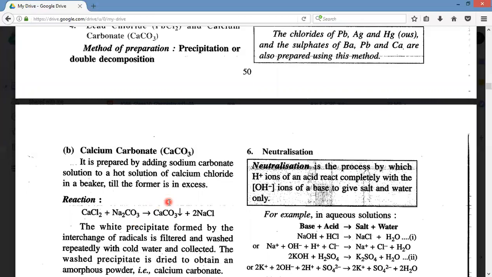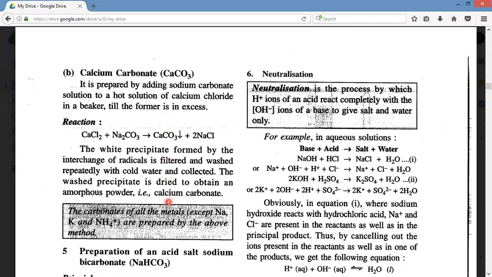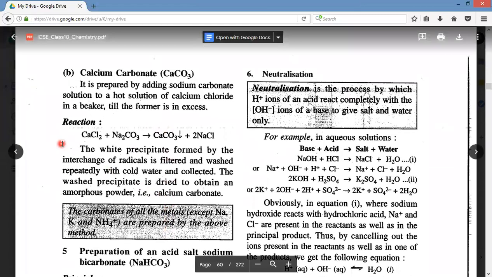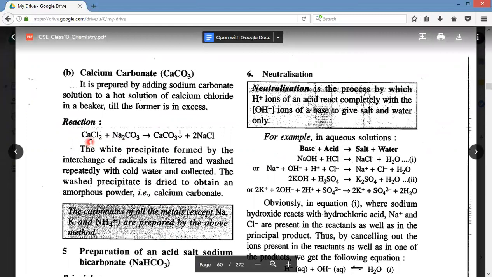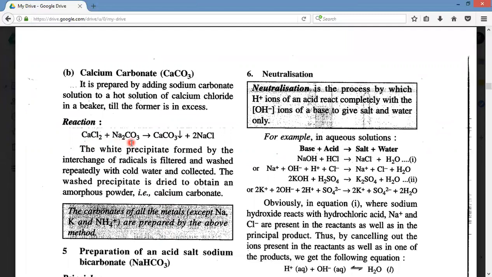Here for the preparation of calcium carbonate, we have to take a somewhat different process in which we are taking a hot solution of sodium chloride with sodium carbonate, resulting in calcium carbonate in white precipitate form with salt, that is NaCl.